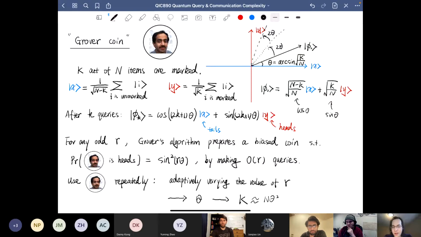As Yiming was saying, this paper is basically a reproof of an old result, and the reproof only works by doing Grover search, whereas the old algorithm used a combination of Grover search and Shor's algorithm.